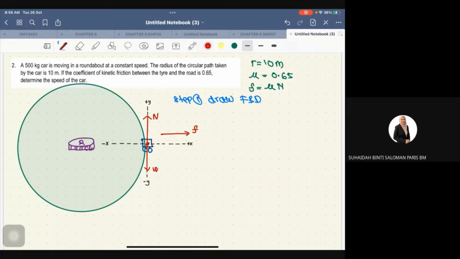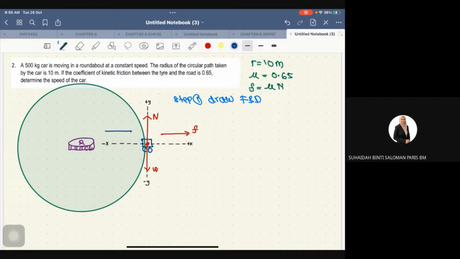So kita tahu net force untuk keep the object move in circular motion ataupun to keep the car turn safely bila dia moving in roundabout, untuk dia pusing dengan berjayanya mesti ada FC. Dan kita tahu FC kalau kita nak wujudkan, kalau wujud FC tersebut dia mesti towards the center.